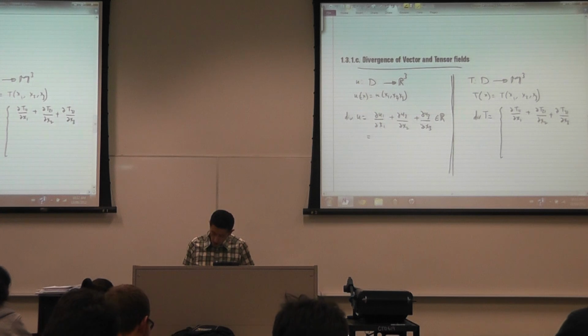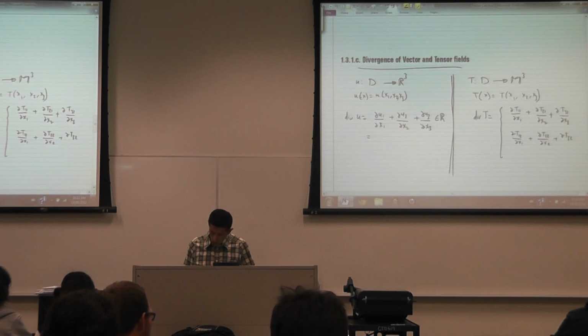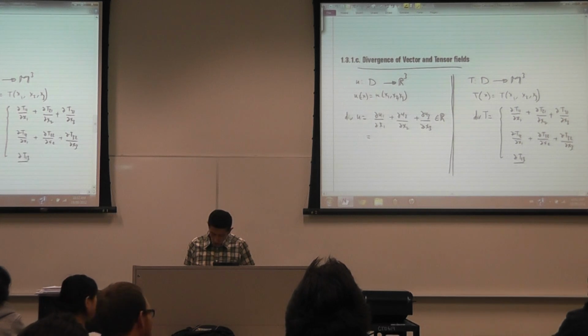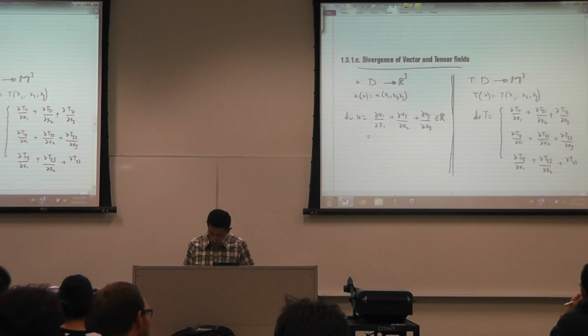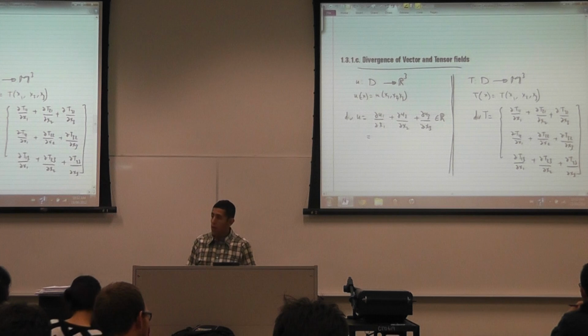The first component has this entry, the second component has this entry.